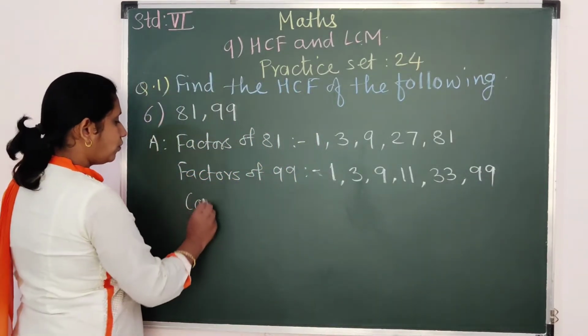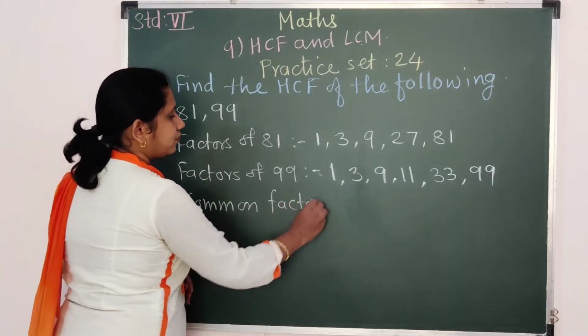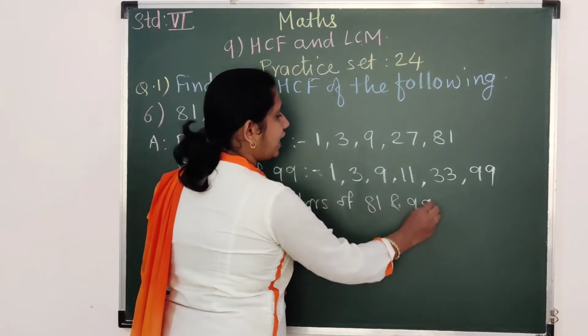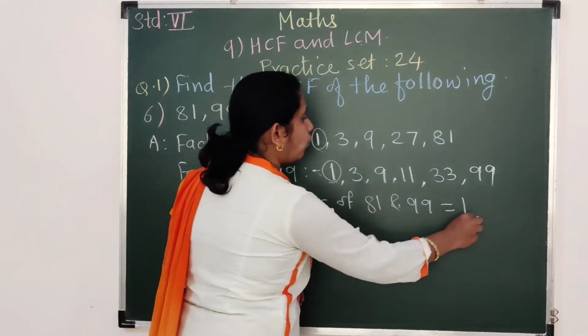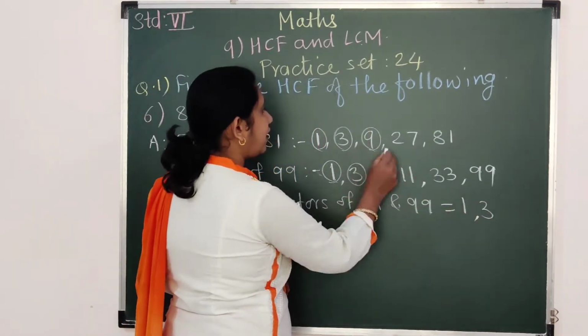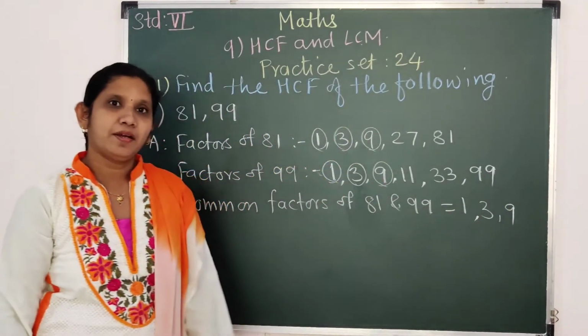So let us write over here the common factors. Common factors of 81 and 99 are, circle the common factors, 1, 3, then 9. Only these 3 are common factors.